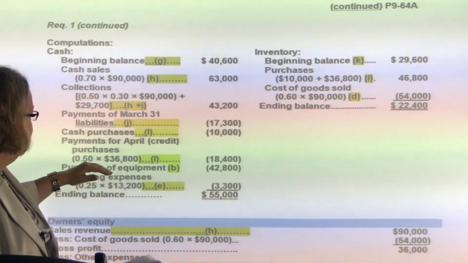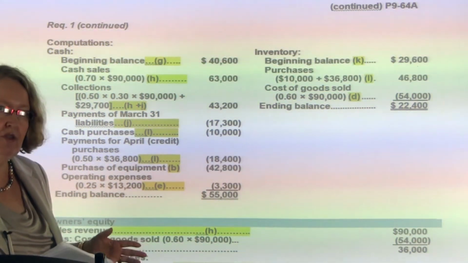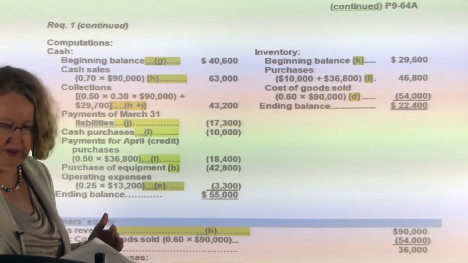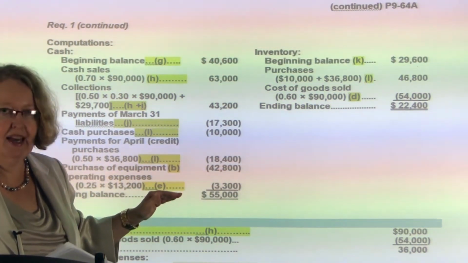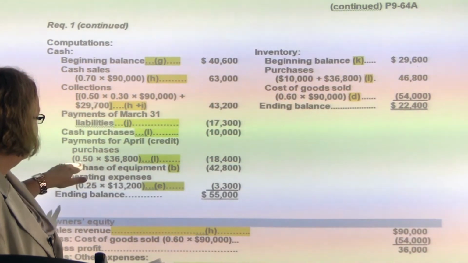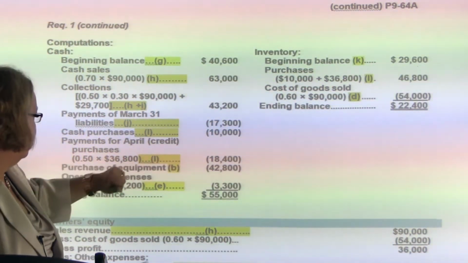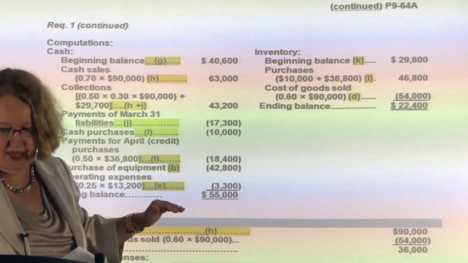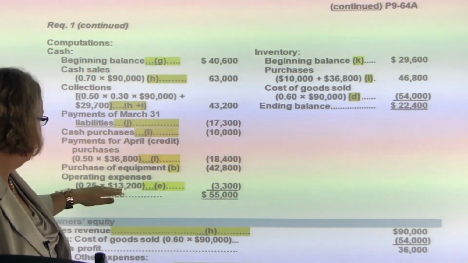Then in terms of what you purchased, you purchased $10,000 of your inventory with cash, and the rest you put on credit. Of the $36,800 you put on credit, you only paid for half of that in April, and the remaining half you're going to pay for in May. So that's why it's 50% times $36,800, $18,400. Purchase of equipment, that's in number B, and that's your capital expenditures of $42,800.